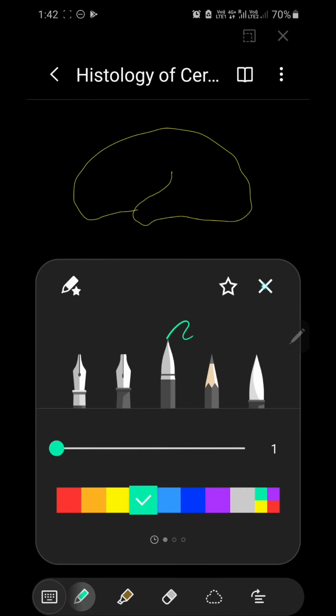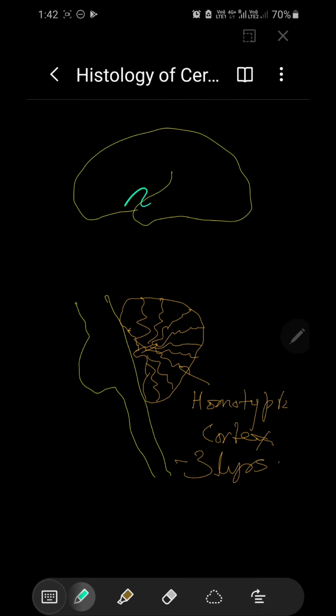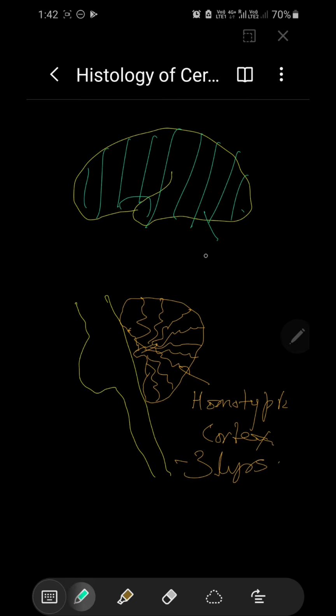Unlike this portion, which we're leaving out for now, this much portion, as I taught you, is neocortex. Comparing it with the cerebellar cortex, this is heterotypic cortex.